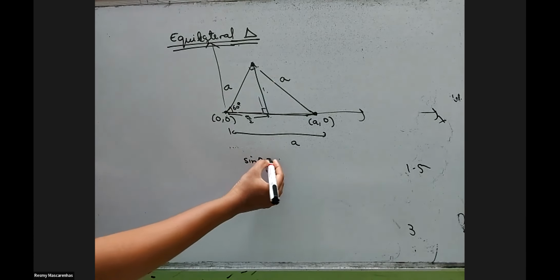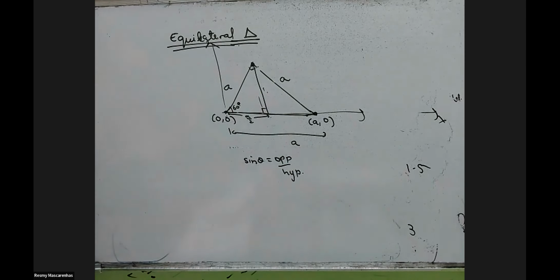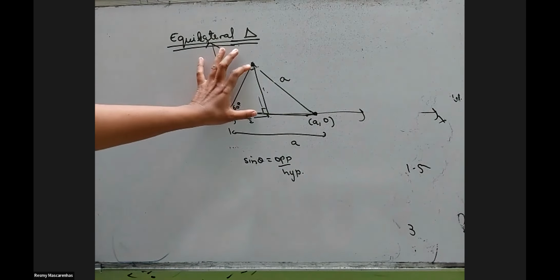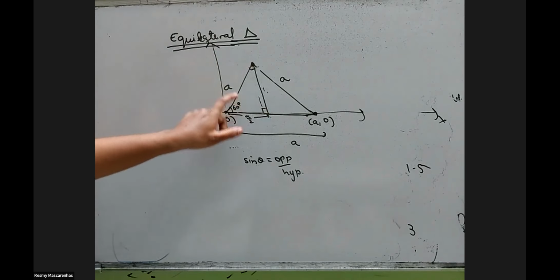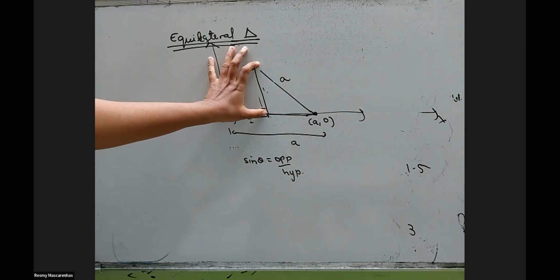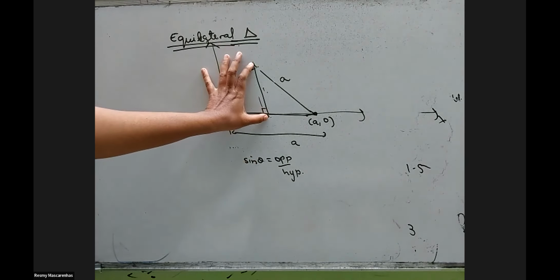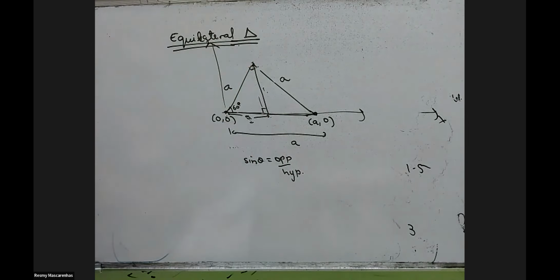Sin theta is opposite upon hypotenuse. Otherwise, you can use the Pythagoras theorem: hypotenuse square minus side square. That way also you can find this third side, because finally I want the distance from here to here, to find the coordinate of this point.